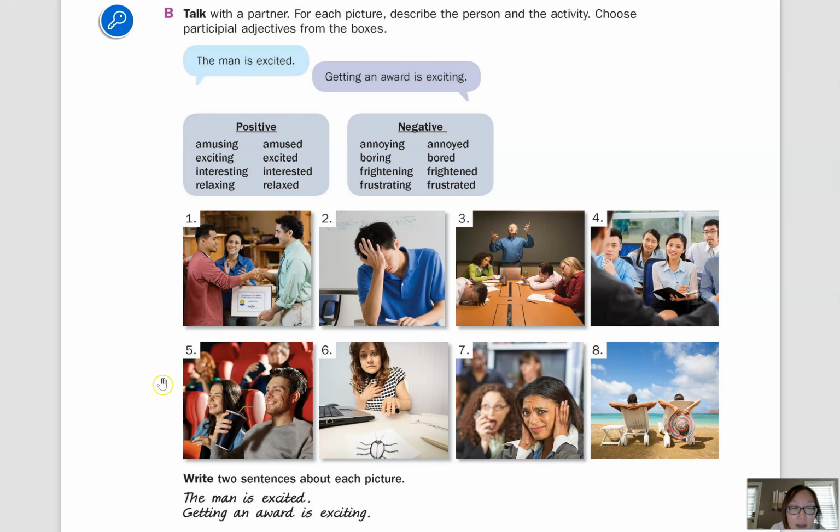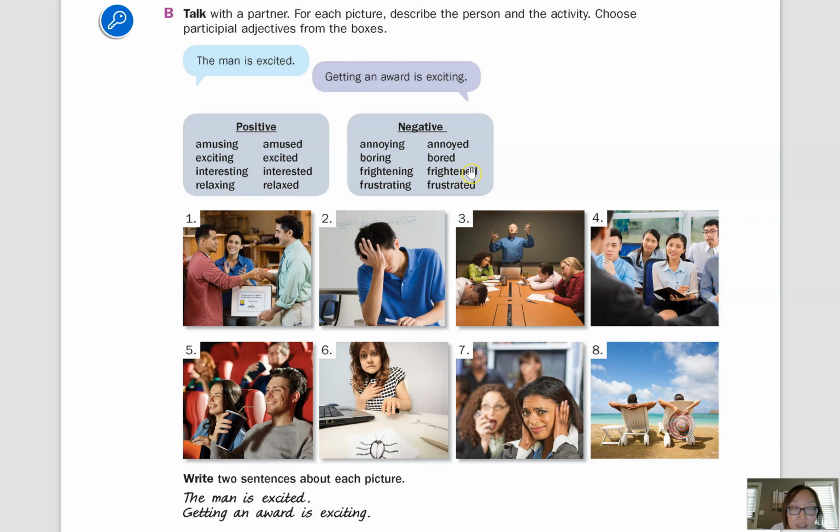Okay, and then number 5, we can say the movie is amusing. Okay, and then we can say the man and woman are amused. Or we can just say the audience is amused. And then number 6, we can say the woman is frightened.